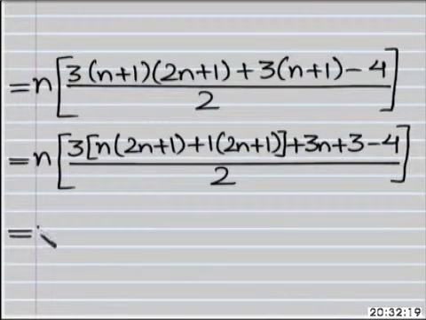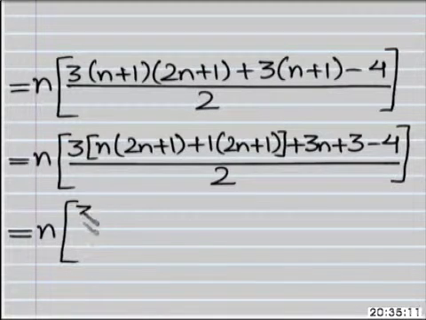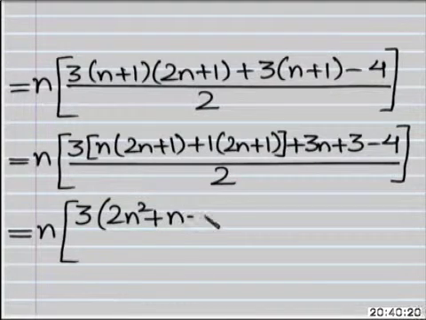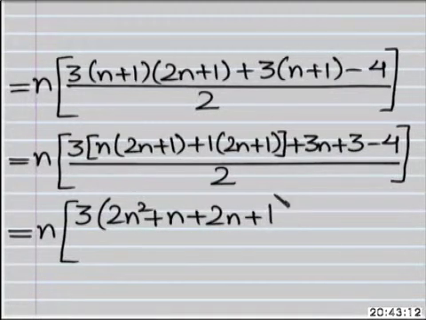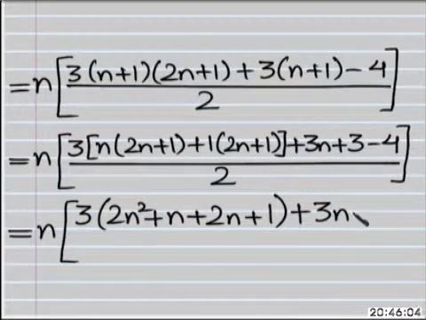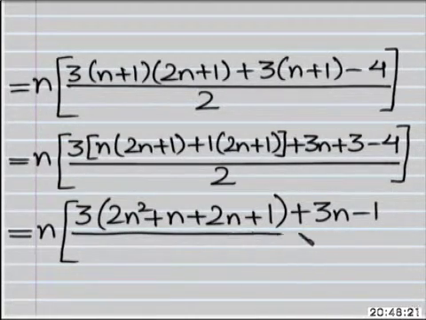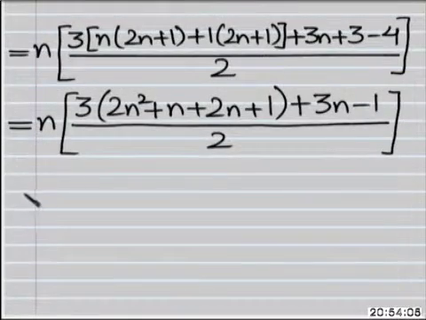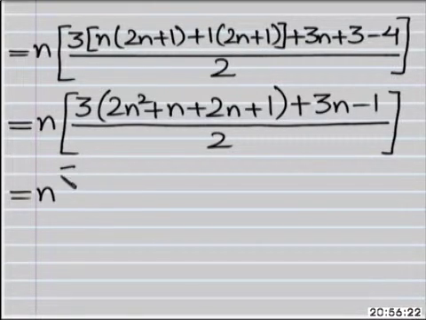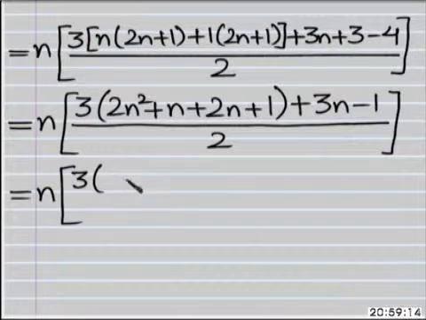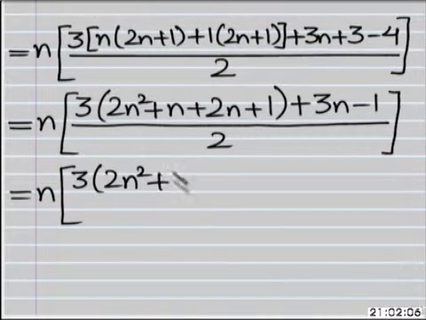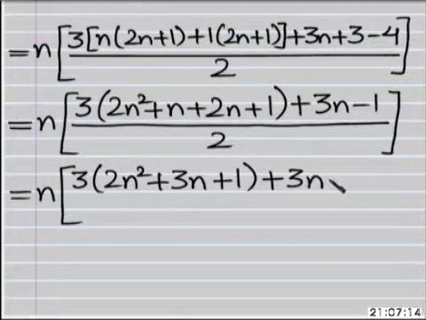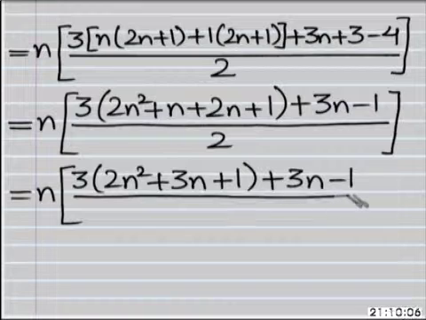This is further equal to n whole multiplied by 3 whole multiplied by 2 into n square plus n plus 2 into n plus 1 plus 3 into n minus 1 whole divided by 2, which is equal to n whole multiplied by 3 whole multiplied by 2 into n square plus 3 into n plus 1 plus 3 into n minus 1 whole divided by 2.